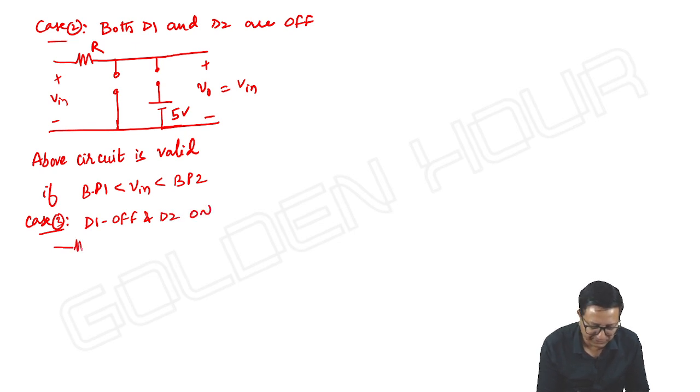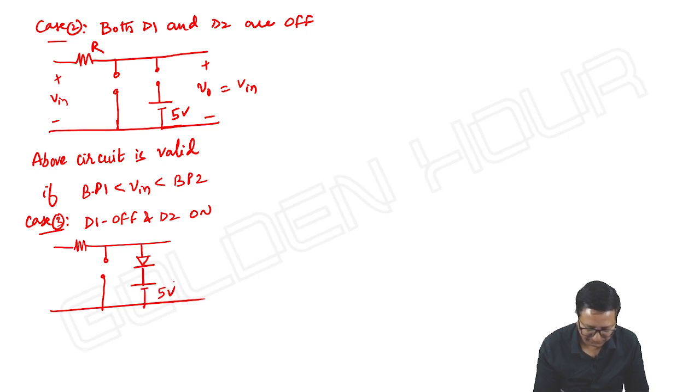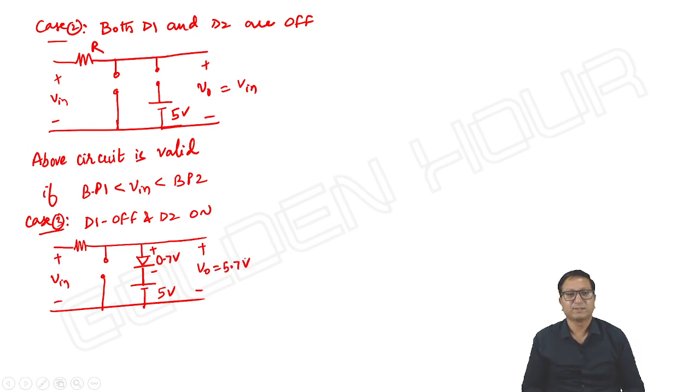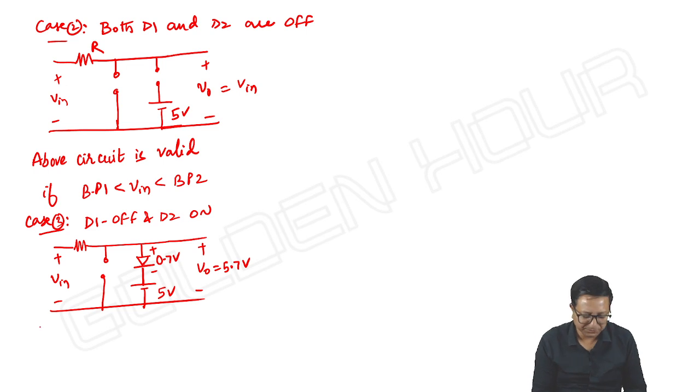So what do we get? V output equals V input minus 0.7, and it is 5.7 when input is greater than breakpoint 2.